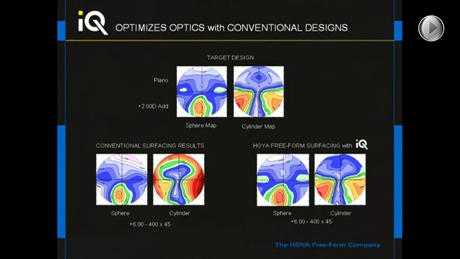Using Hoya freeform surfacing and the IQ software technology, aspheric atoric curves, to optimize the optical performance of that same design, we take a look at the contour plots, and they're amazingly similar to what the designer had originally intended with the target design.